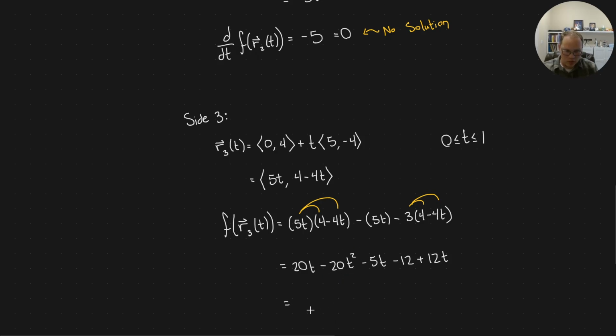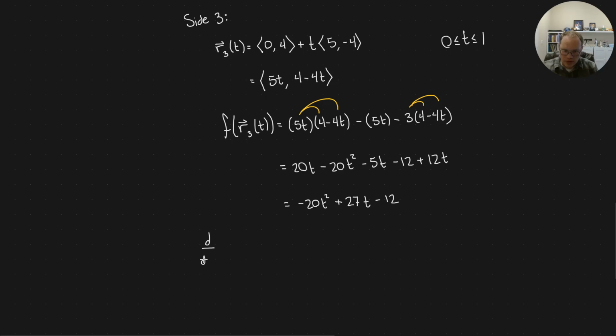I only have the one t squared term, so I'll put that in front. Negative 20t squared. Then my t's, 20t minus 5t plus 12t. That's what, 27t? And then I have just one term without a t, so minus 12. Now take the derivative.